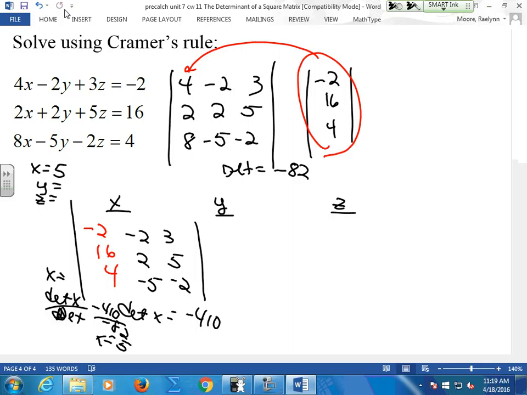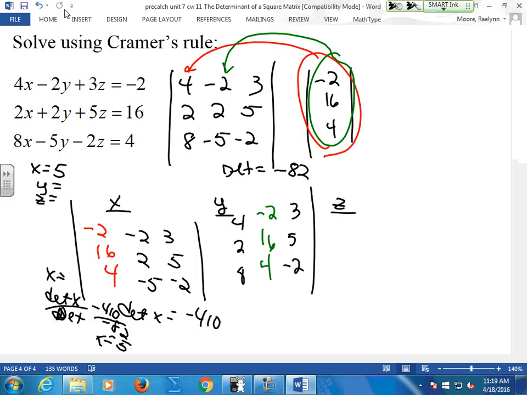Okay. Second time through, we're going back to our original one. We're taking this, we're replacing the y column. You've got to just make sure that you reset this back to the normal matrix. That's why after the first one, I would just re-enter the whole thing, because if you keep copying over the one before, you might not replace the original one.